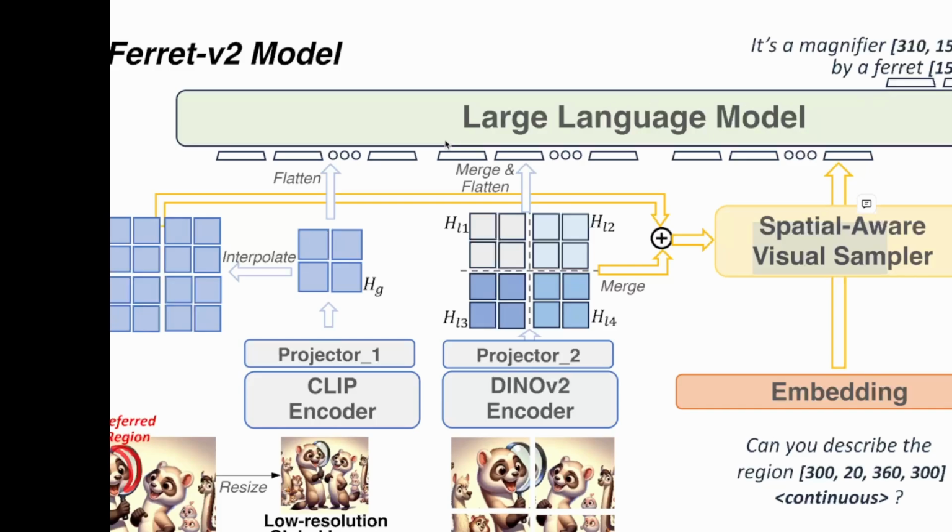For the language model, they said they're using Vicuna, but actually in the code I've seen Llama, they're pretty similar. They are freezing this, they are not training this one. And also for the embedding, I think they are not training this again. Also DINO is not trained. The only thing they are training is the projectors here and a spatial aware sampler, and that's it.